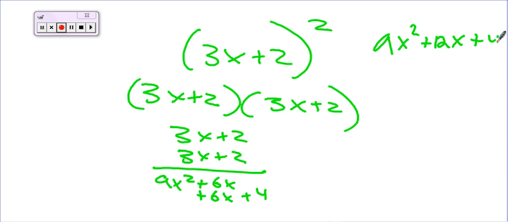So you get 9x squared plus 12x plus 4. Not squared, because you're adding them. Does that make sense? You want to split it out. First term first, second term second. This only works with binomials doing it this way. When you get to trinomials, you're going to want to do it slightly differently. And that's the last one.